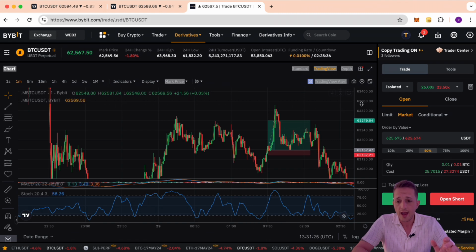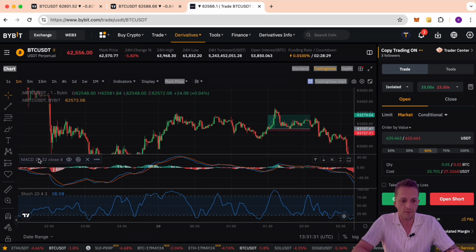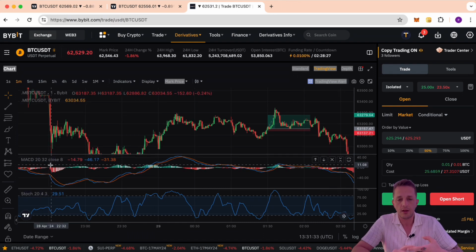So you can do it in every condition, but remember that the best settings that I use match perfectly with the 1 minute chart. You can also try other time frames, but this is what I strongly suggest.